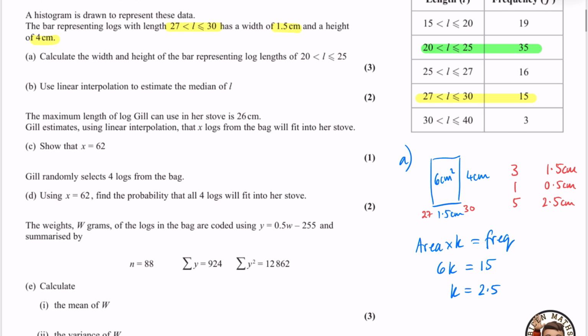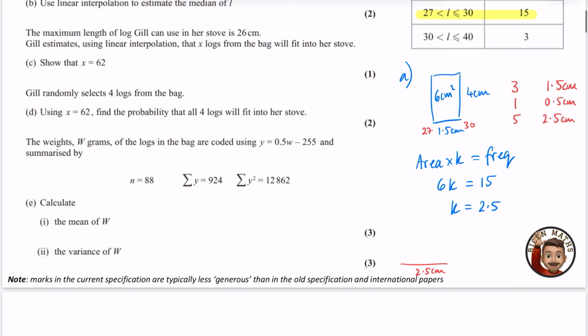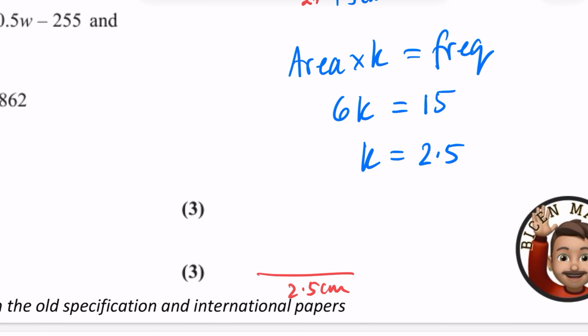Now, what area do we need to use? Well, we want the frequency to be 35, and we know that K is 2.5. So we know that the area times K equals the frequency. The area is the thing I'm looking for. Times it by K has got to be equal to the frequency of 35. 35 divided by 2.5 is 14. So this means that the area has got to be 14.